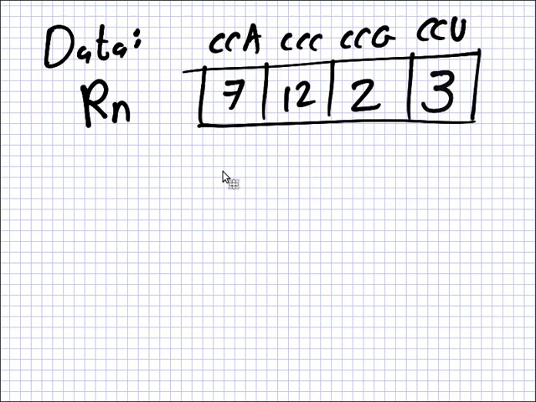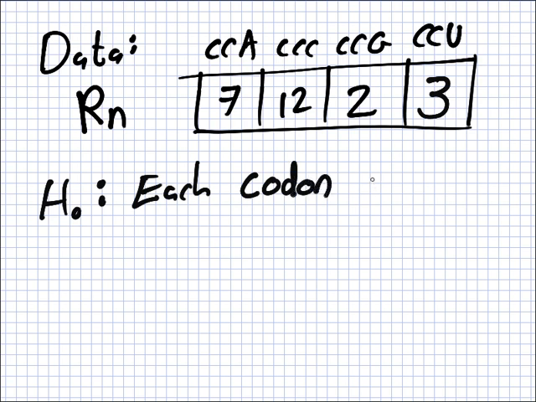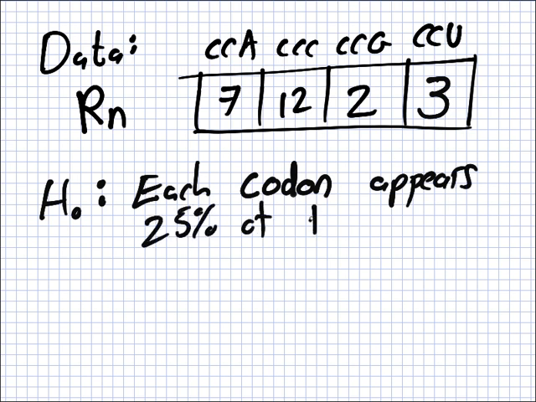So, what is our hypothesis here we would like to test? We want to test the hypothesis that each codon appears equally likely, 25% of the time. I don't know what the precise biological phrase is.